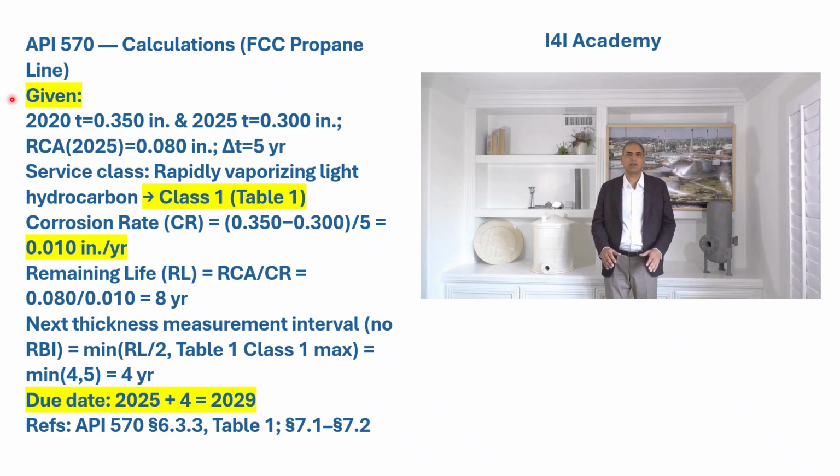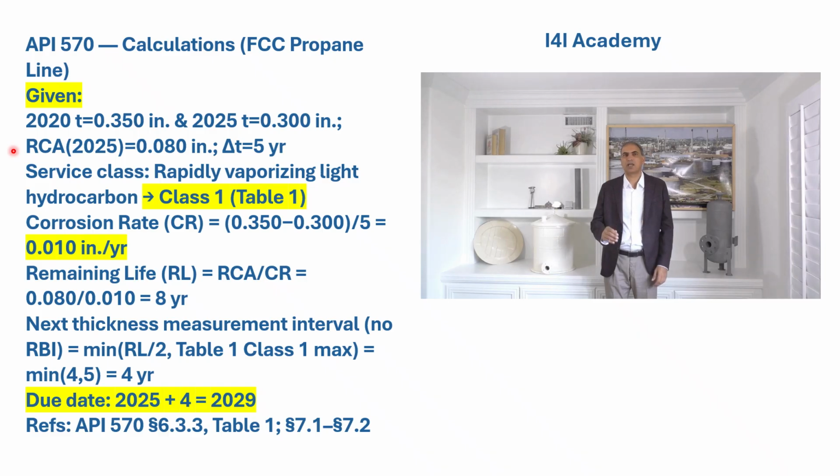At the same CML, our inspection history shows two ultrasonic thickness readings. In 2020, the thickness was 0.350 inches, and in 2025, the thickness is 0.300 inches. The inspection record that we updated in 2025 also lists the remaining corrosion allowance.